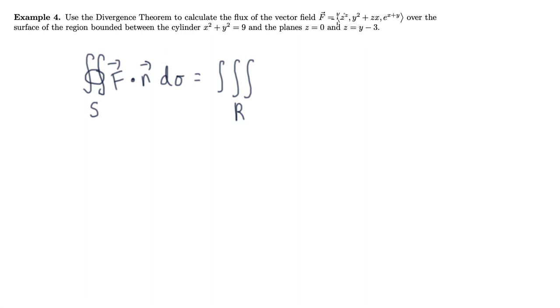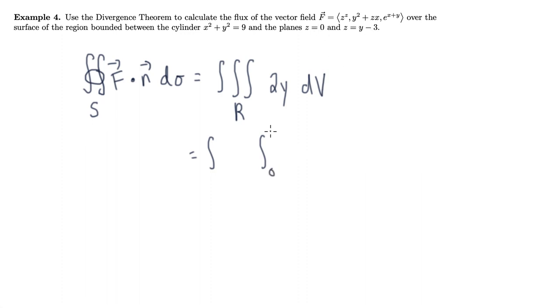Well, partial with respect to x of this is 0. Partial with respect to y is 2y. So that's 2y. And then we just have dV. And like I said, this region, I think we want to describe in terms of cylindrical coordinates. So z, first of all, is going from 0 to y minus 3.